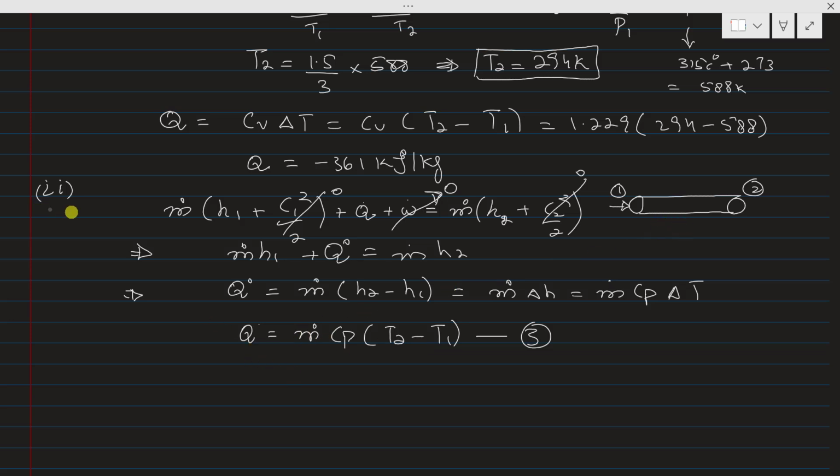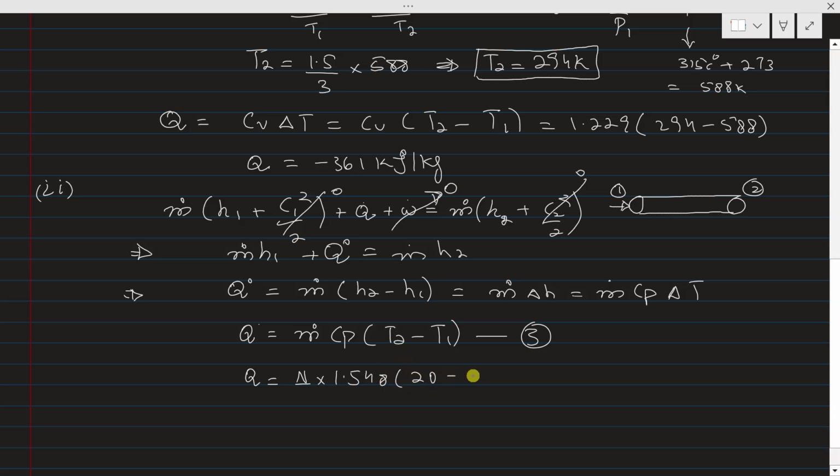You will get the heat rejection that takes place from this. So in the second condition, the mass flow rate is taken as 1. The Cp value is 1.548. T2 is 20 minus T1 which is 280 in the second condition.